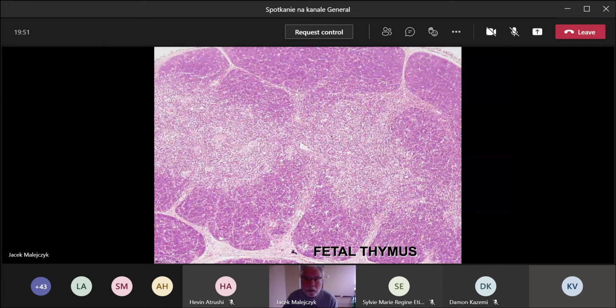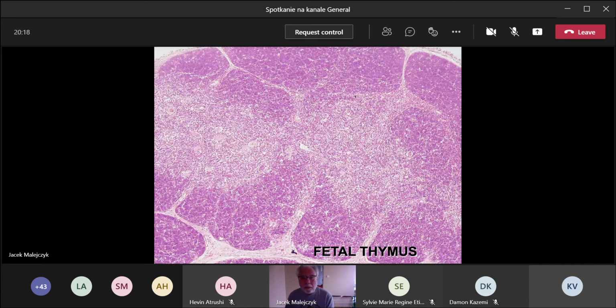So the connective tissue scaffold keeps the general architecture of the organ and also supports the blood vessels, whereas the cells which are responsible for maturation of the incoming lymphocytes are epithelial cells.